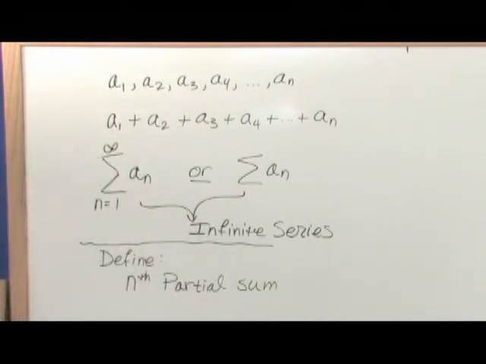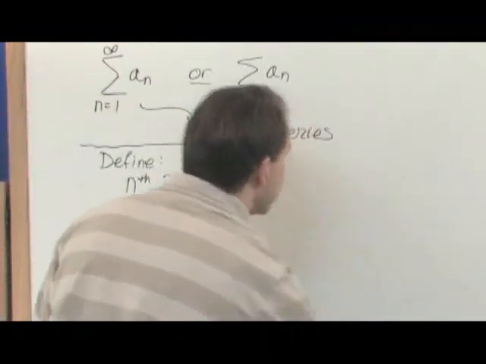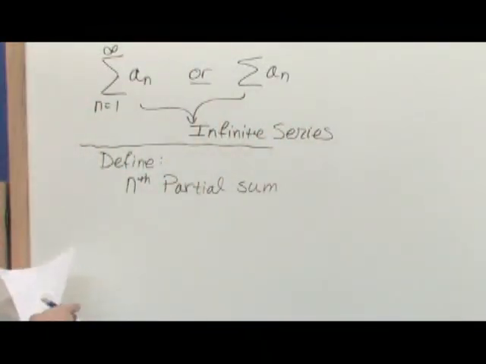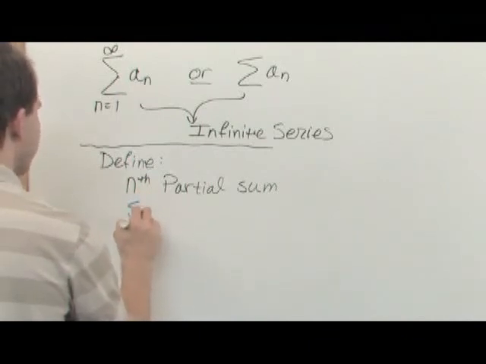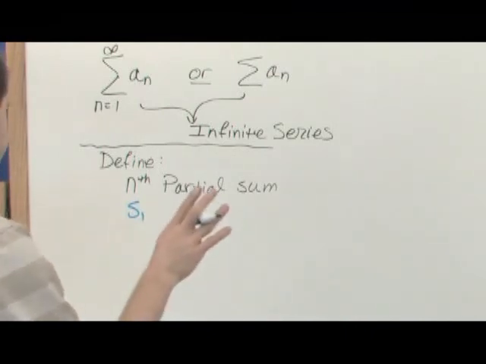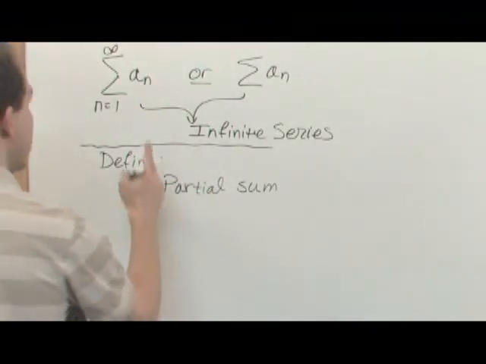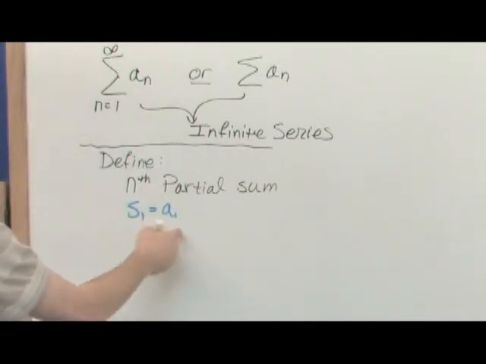The nth partial sum would be defined as follows. I think the easiest way to do it is to switch colors and just show you by a quick little example here, by analogy. The first partial sum, s sub 1, s means sum, it's a partial sum. I'll show you why it's partial in a second. Of this sequence here is going to be a sub 1. It's just the first element because it's just the first thing here. I haven't actually done anything.